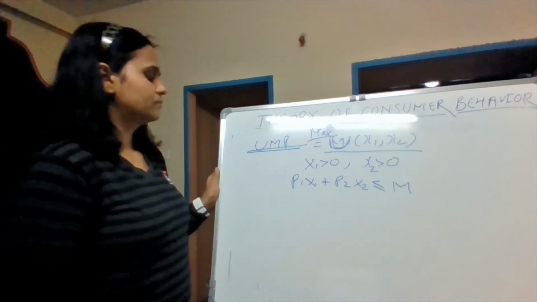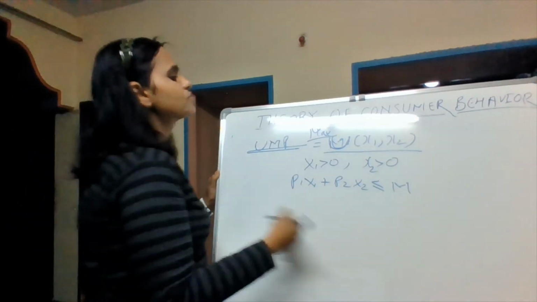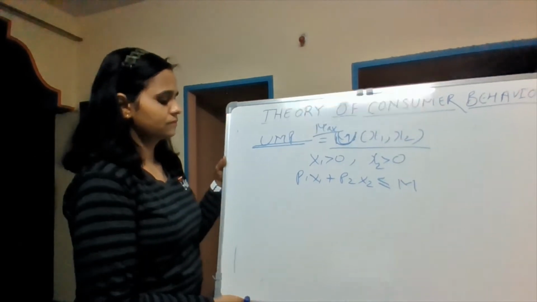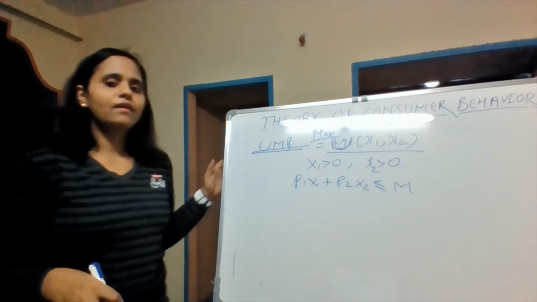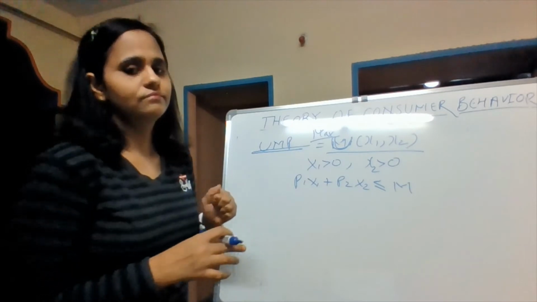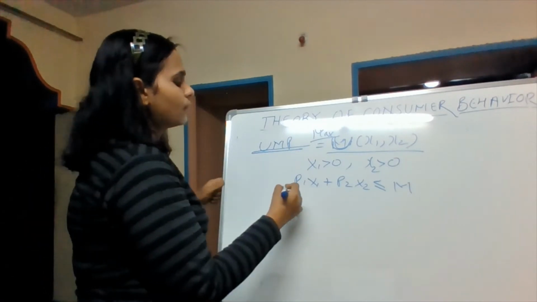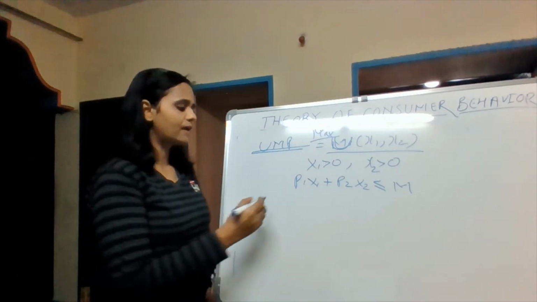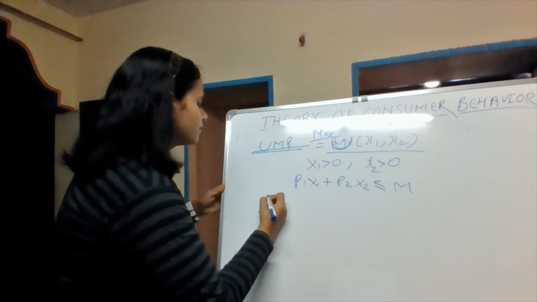Now we are going to solve this by the Lagrange function. What does the Lagrange function tell you? It gives you the maximum of a function, given any constraint on it. So how can you write your Lagrange?